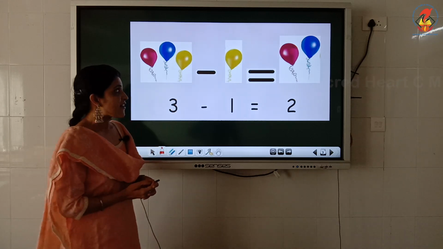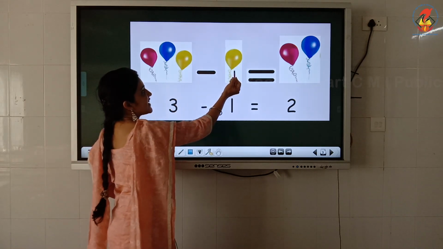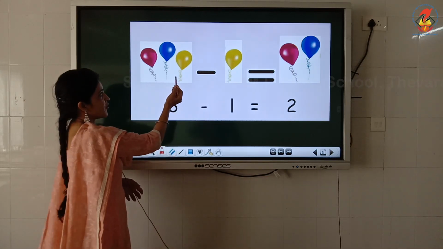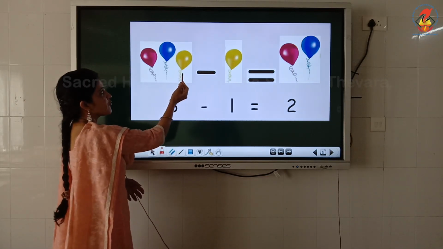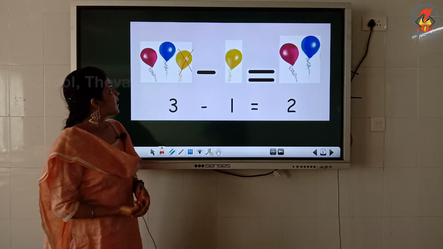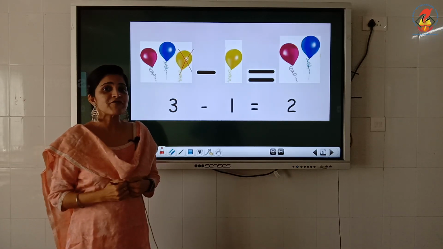Children, we have to take away the second group consisting of 1 balloon from the first group consisting of 3 balloons. To do that, we cross out the balloon. Now, how many are left over?